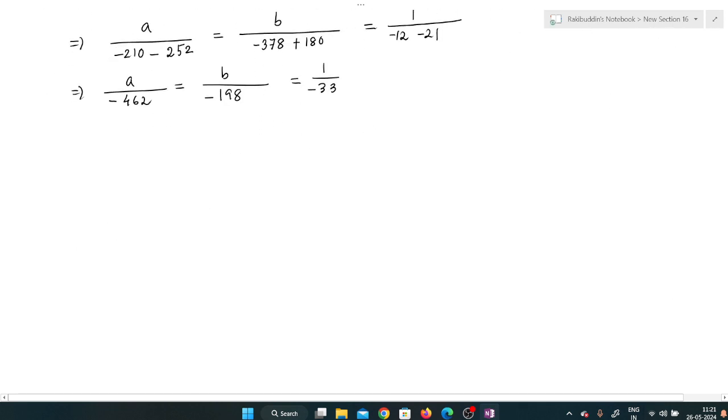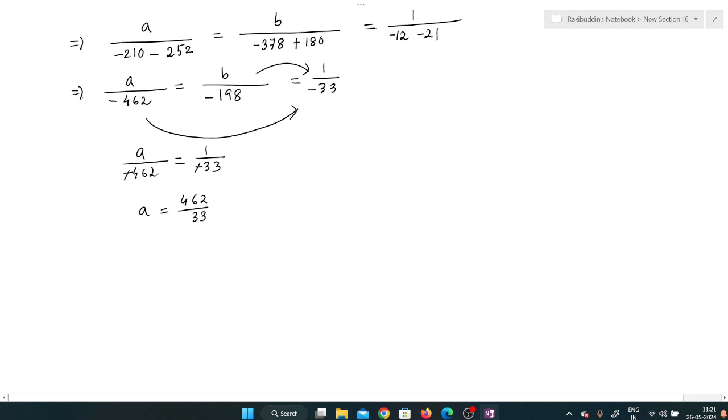Okay, so here what you need to do is equate it with the constant, then only we will be able to find the variables. So it will be a by minus 462 is equal to 1 by minus 33. So a will be 462 by 33.